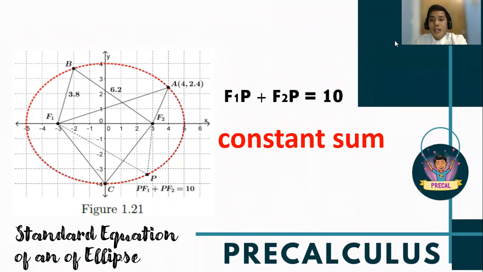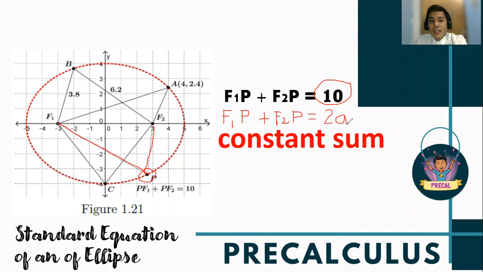Meaning, at any point P, look at point P. This length and this length will always add up to 10. In a mathematical statement, from a focus to any point plus the other focus to that point will be equal to 2a.